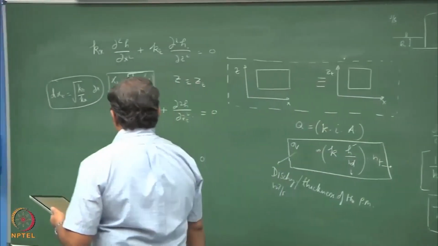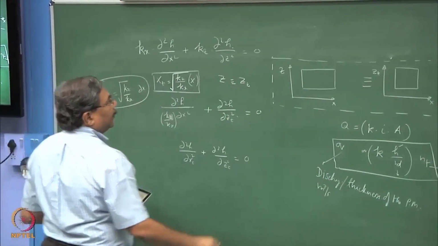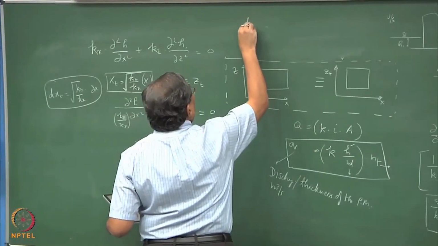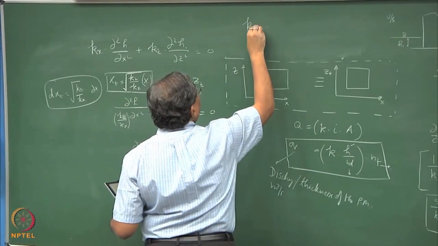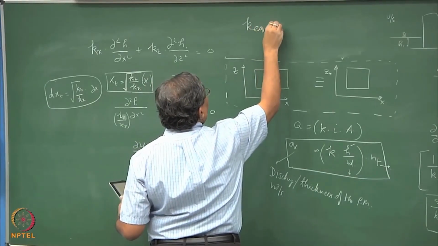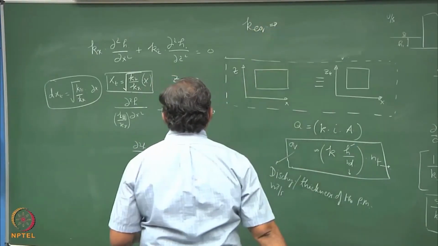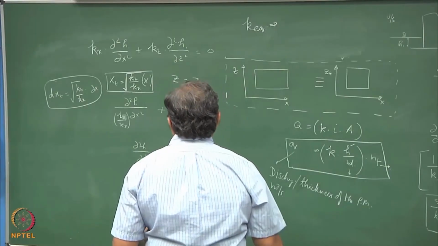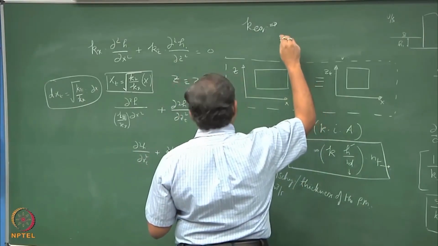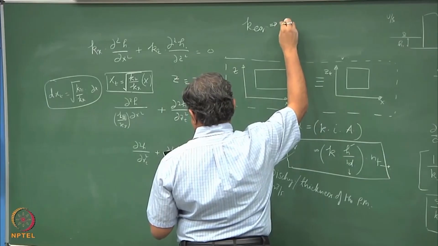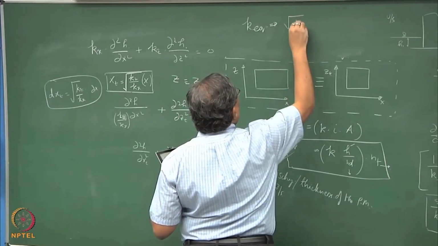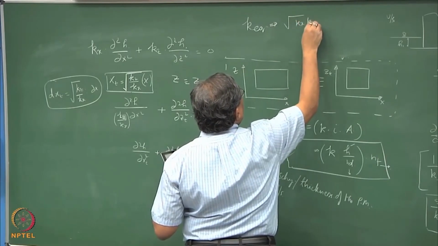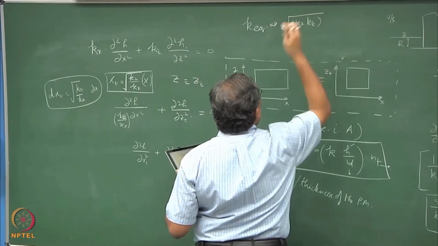I can define another term as k equivalent of the anisotropic system, and that would be equal to, suppose if I write that k equivalent would be under root k x into k z. Can you prove this?